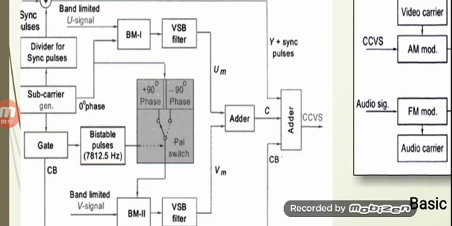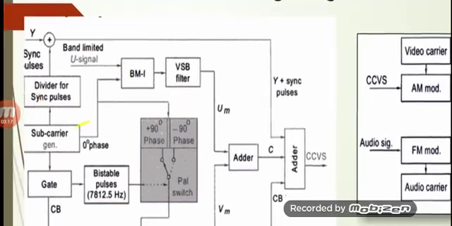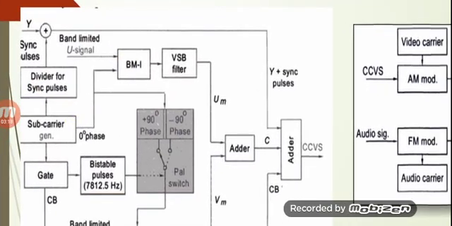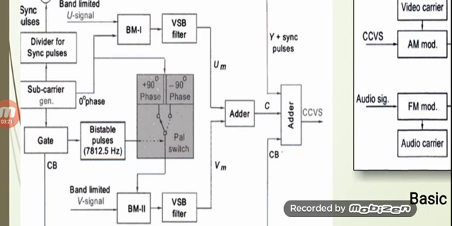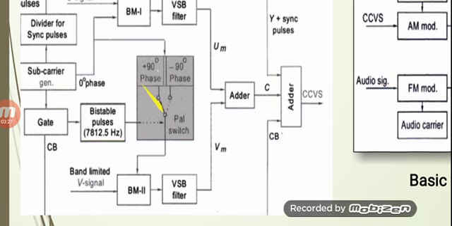Now this we will be doing for line number 1, and then for the same line, when we wish to go for the modulation for signal V, then what we will be doing here is the same carrier will be passed through a switch which is called the line by line switch.